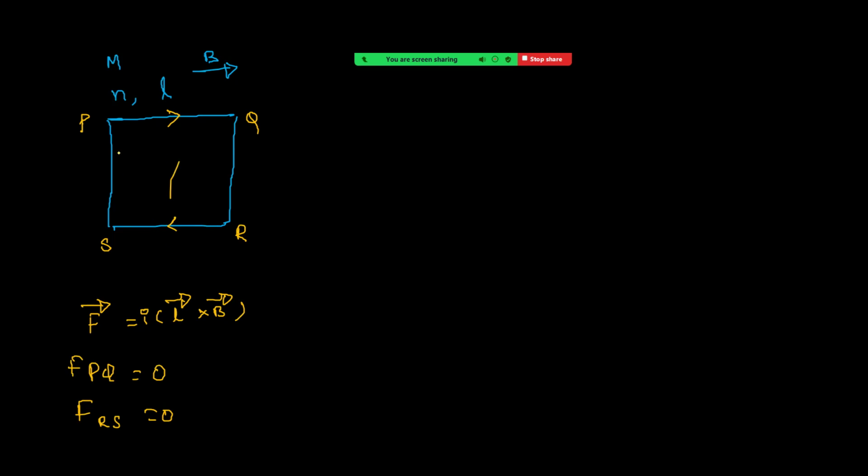Now coming to PS and QR. Focus on the direction of force. Let me take this XY plane. This horizontal plane is now the XY plane. Right. Focus on direction of force on PS. Force is I into L bar cross B bar. L bar will be PS. Direction of L bar is direction of current.